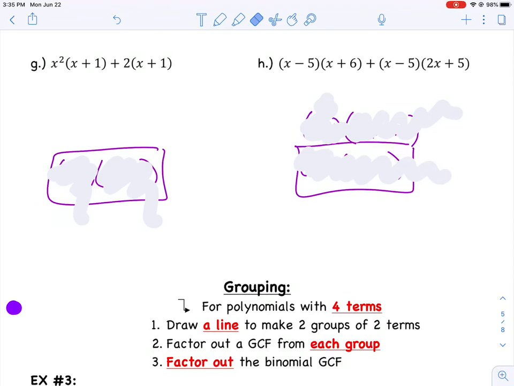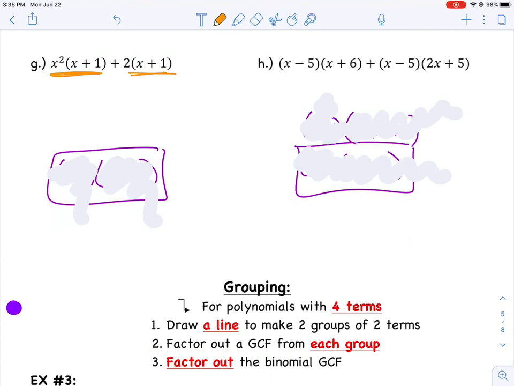What I want you to think of is I want you to look carefully. Do you see this big old term and this big old term that are separated by this plus sign? I know they're kind of funky, but they're still just 2 big terms separated by a plus sign. Now in each of these terms, do you notice anything that's common? Don't they both have an x plus 1 in them? And so if they both have a factor of an x plus 1, that's their common factor.